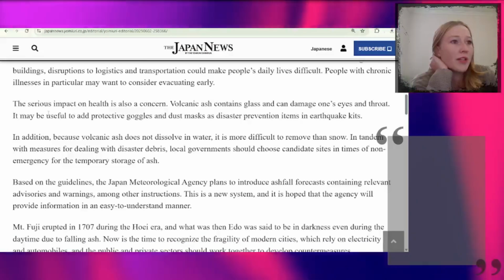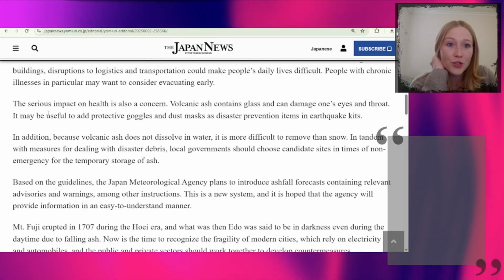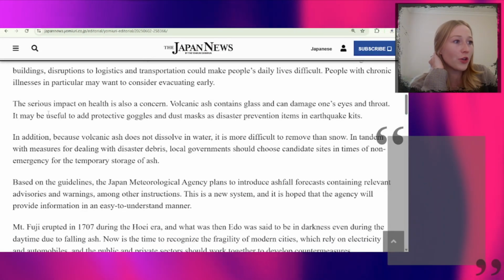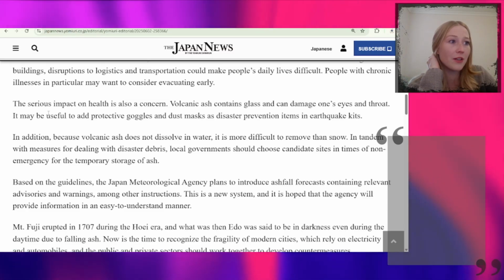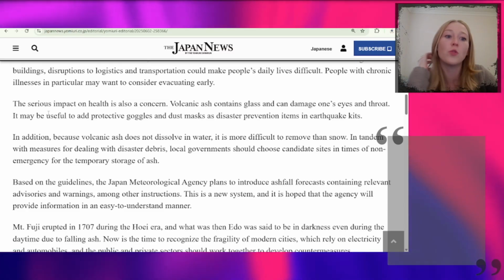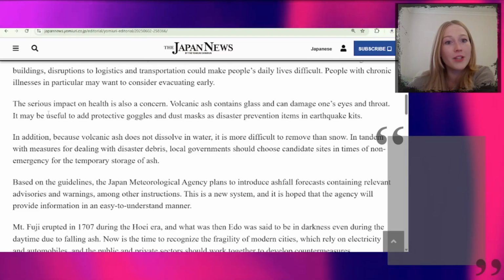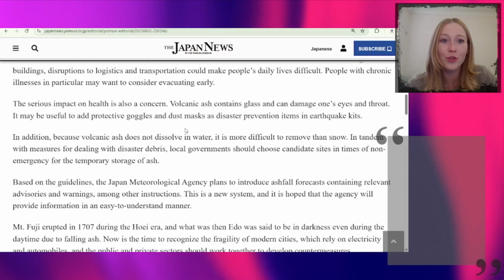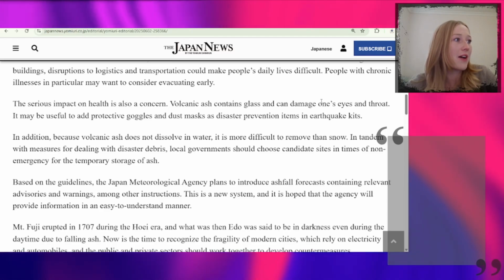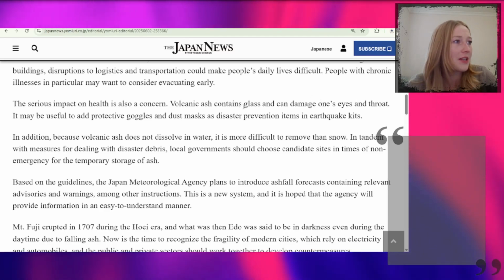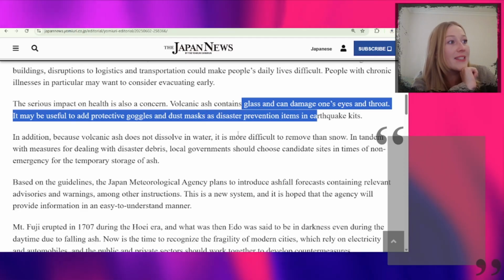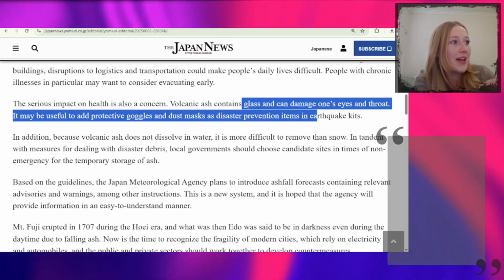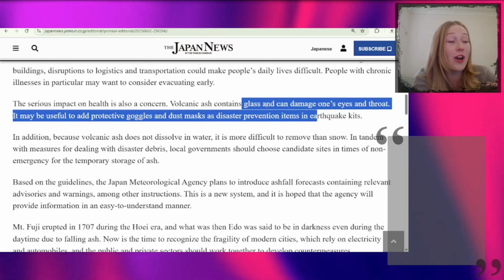And of course, there are also the health concerns of the ash. So not only do they want to prepare the local towns and cities for the infrastructural damage, but they also want people to prepare for ash as its own threat with things like having goggles. I think they said here, protective goggles and dust masks, because the ash can actually contain glass.